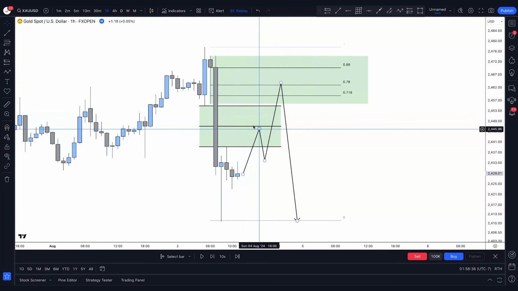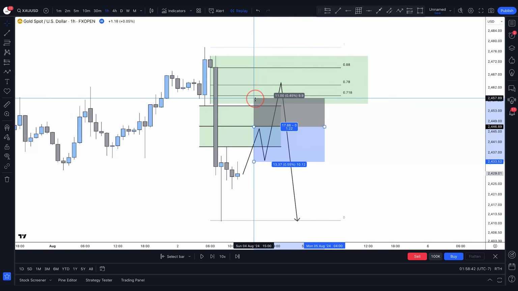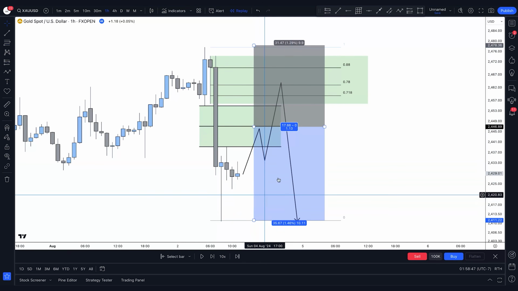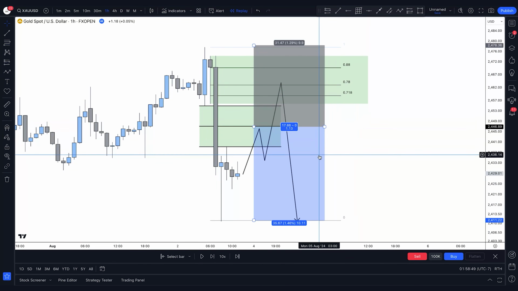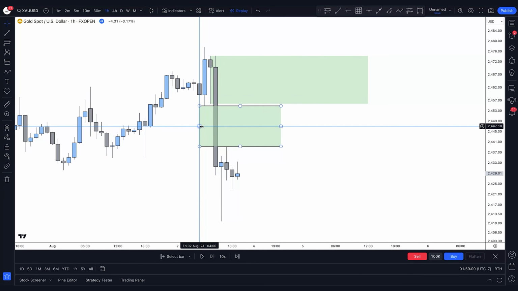If instead we are entering from fair value gaps, we have a problem where our stop losses are going to have to be dangerous or simply too big to get meaningful risk reward out of them, even when we enter from the midpoints. So, reasons number 1 and 2 is just simply the risk reward is tricky to get right.